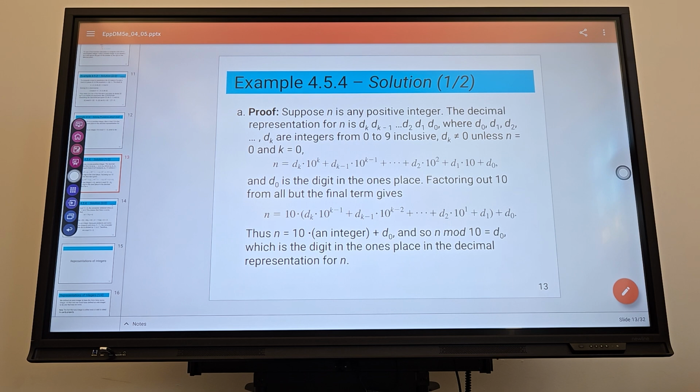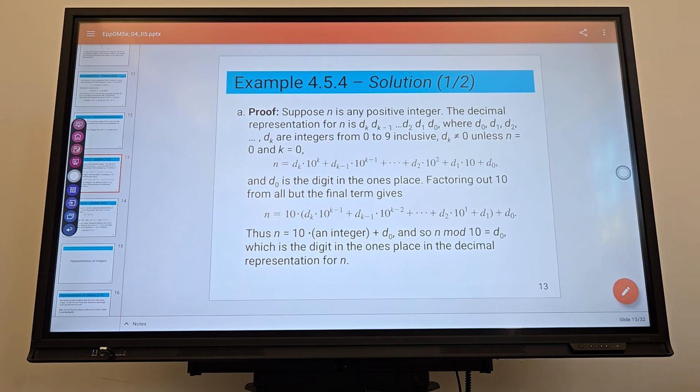The decimal representation for n is dk, dk minus 1, and so on to d2, d1, d0, where the d's are integers from 0 to 9 inclusive, and dk does not equal 0 unless n equals 0 and k equals 0.